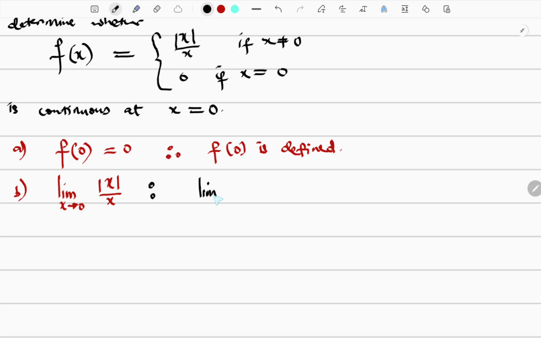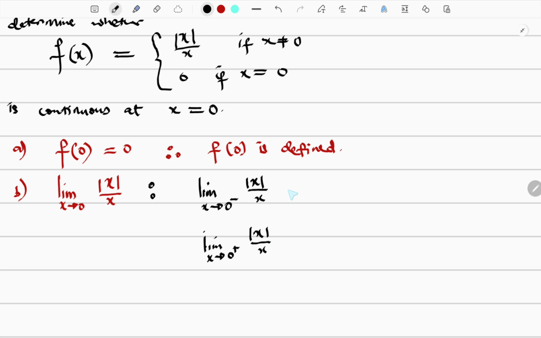The limit as x approaches 0 from the negative of modulus of x over x, and the limit as x approaches 0 from the positive of modulus of x over x.